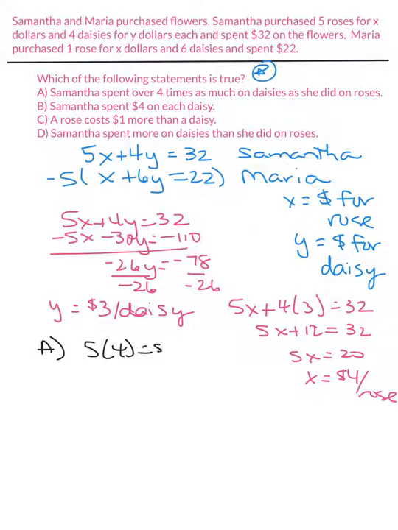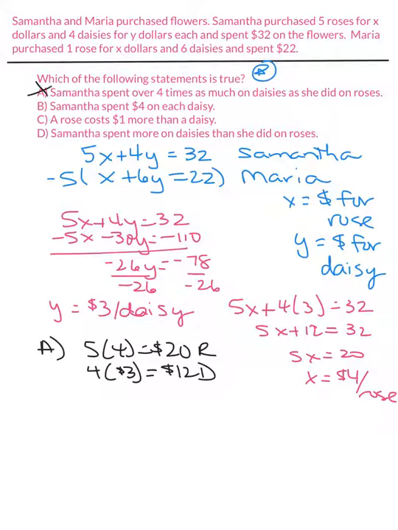So that's $20 she spent on roses. I'll put an R for roses. And then she bought 4 daisies, and they are $3 each. So that gives her $12 on daisies. So let's go back to A. She spent over 4 times as much on daisies as she did on roses. Well, that's not true because she actually spent more on roses. So A, I can cross it off. That's not true.